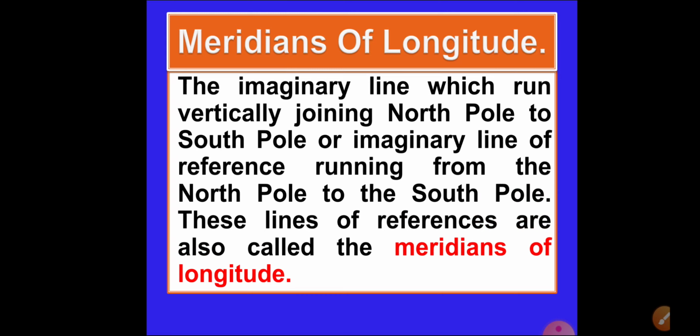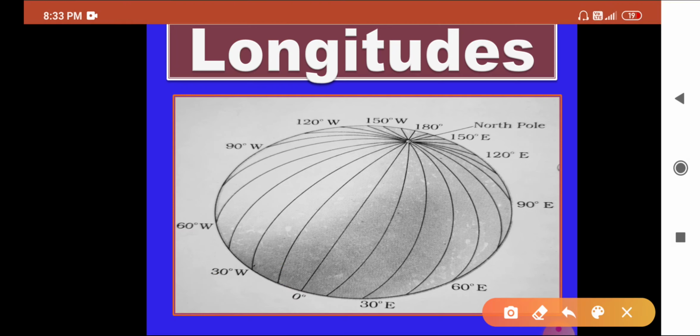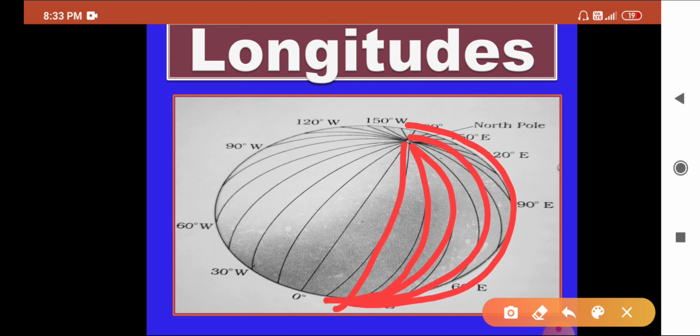Now coming to other lines on the earth, which are imaginary lines. These are not parallels like the latitudes. These are not horizontal like the latitudes. As you can understand in this picture, these lines are joining the poles from North Pole to South Pole, from all sides.